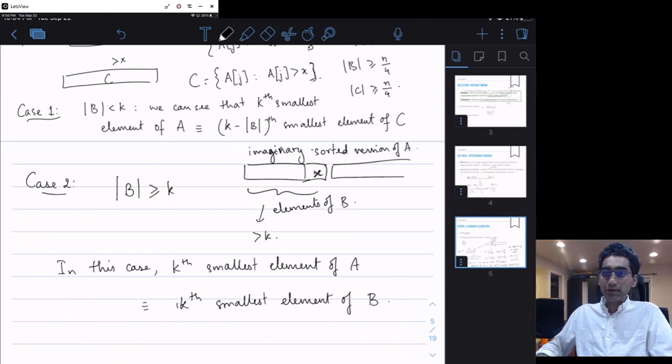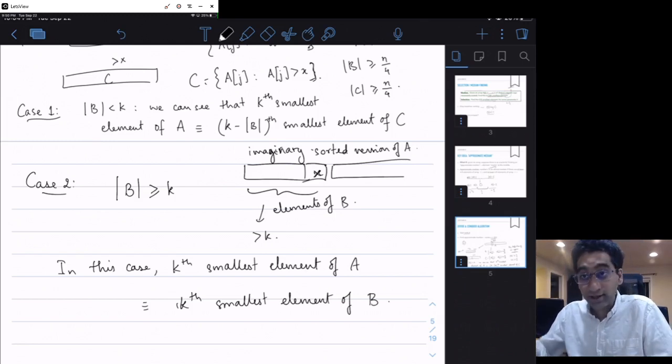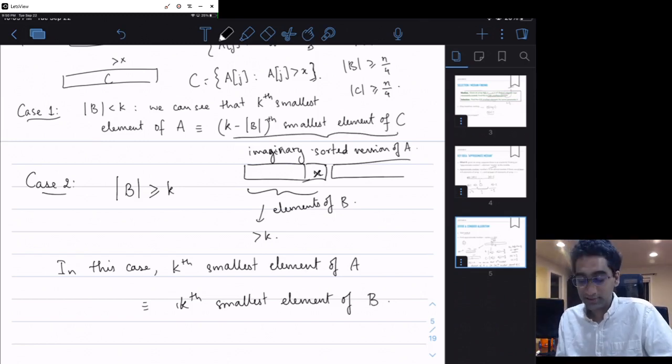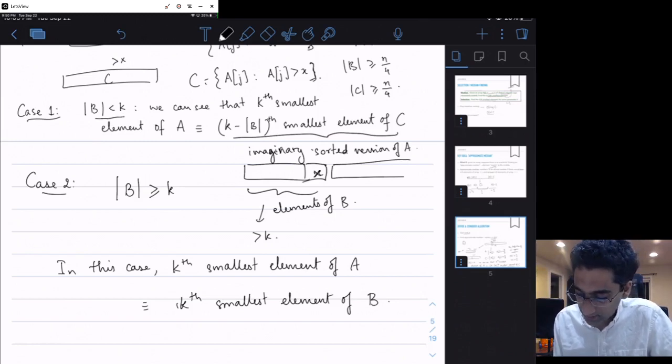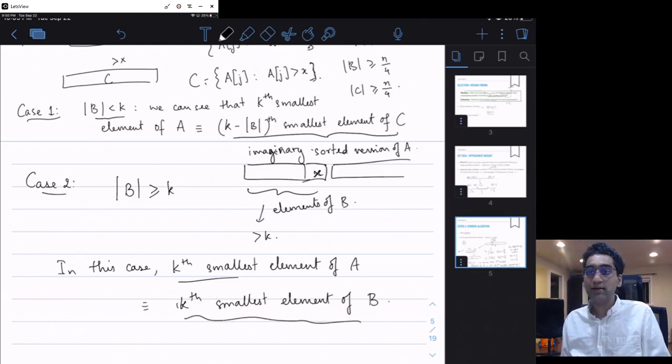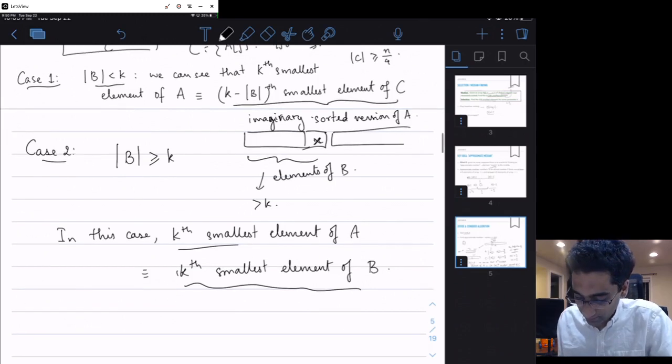So now, if you think about it, lo and behold, we have a divide and conquer algorithm. This is exactly a recursive step. It's saying that if size of B is less than k, then you do this. Otherwise, you look at the kth smallest element of B. Now, B and C are both arrays that are strictly smaller than A itself. So that's what we will see here.